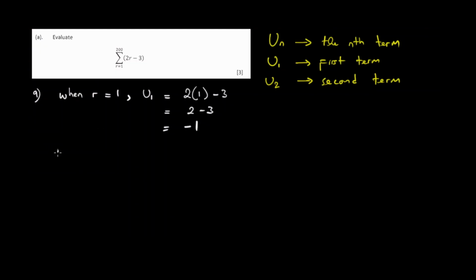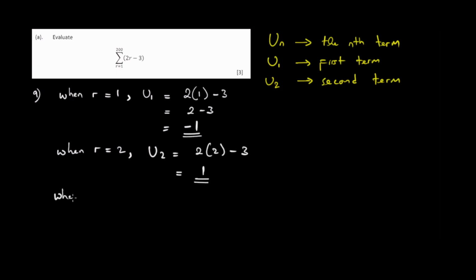Then when r is equal to 2, the second term is equal to 2 multiplying 2 minus 3, which is 4 minus 3, which is 1. So this is the answer we are getting here.